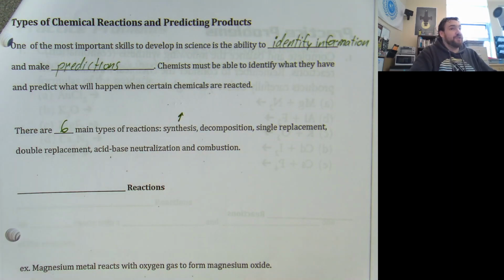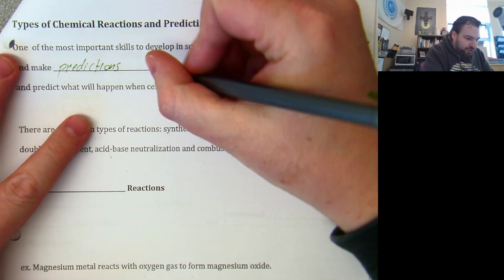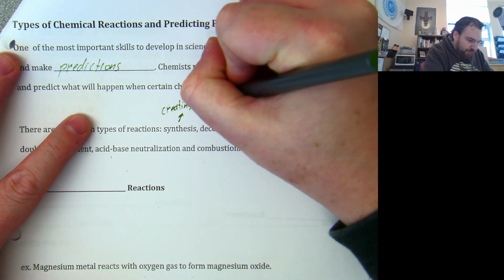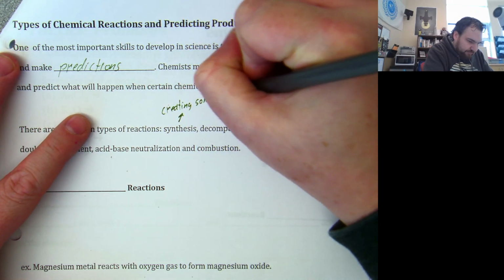Carbohydrates. That is photosynthesis. The reason we call it photosynthesis is because light gets used to make something new. When you synthesize something, you are creating something new.